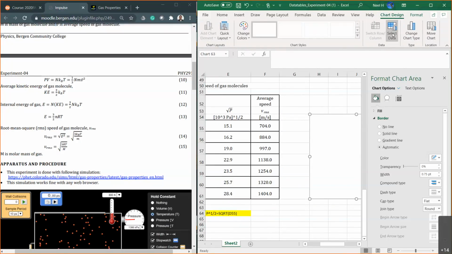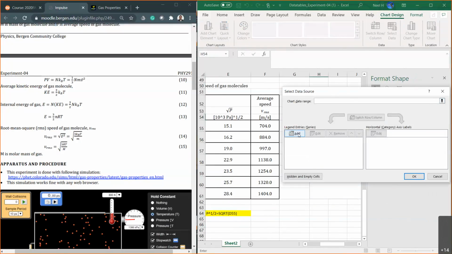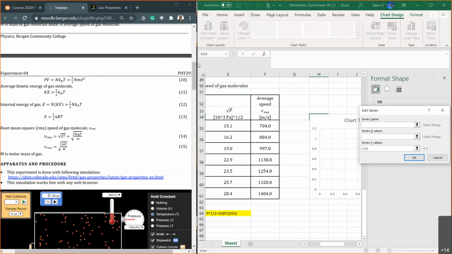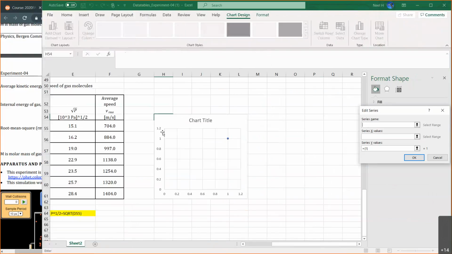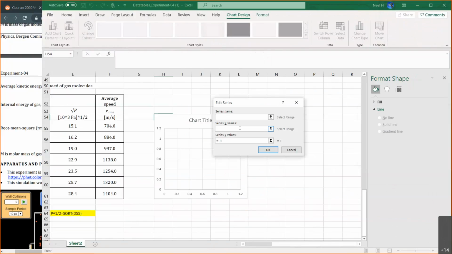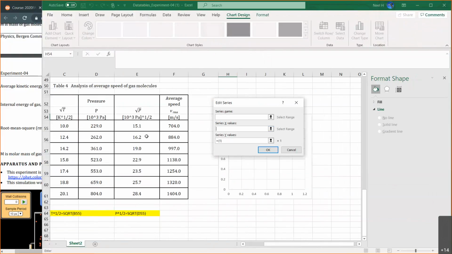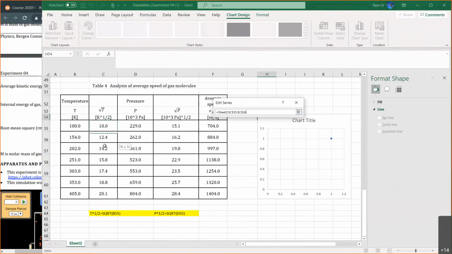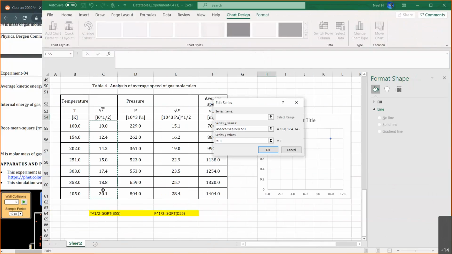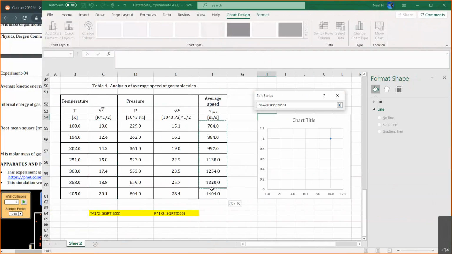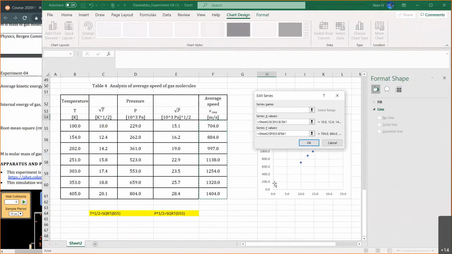Double click, select data, and I can use for the x-axis our square root temperature, cell numbers C55 through 61, and then for the y-axis, let's use the measured particle speed, VRMS values.